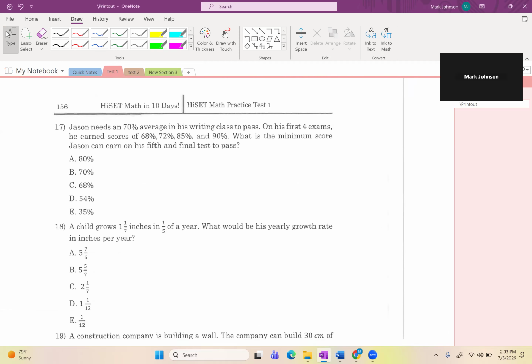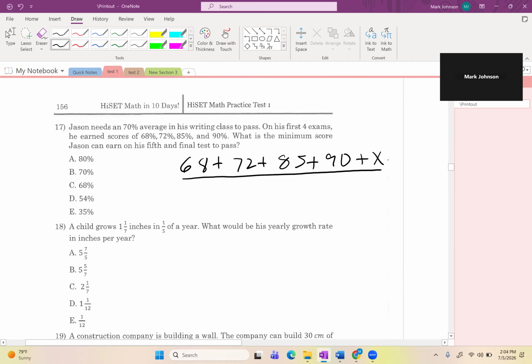Okay, so he's going to have 68 plus 72 plus 85 plus 90 plus X, lo que no sabemos. And there's 5, so we're finding the average, promedio. So we divide by 5 because there'll be 5 tests, his first 4 tests plus one more. And that is going to equal 70 to pass.